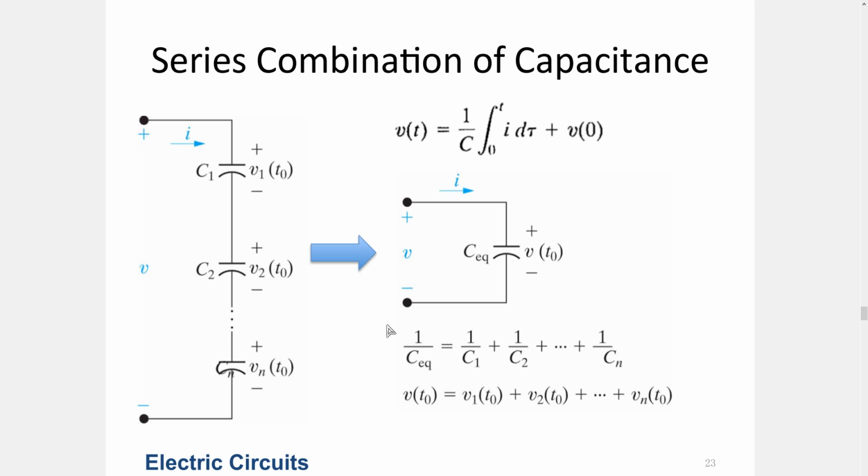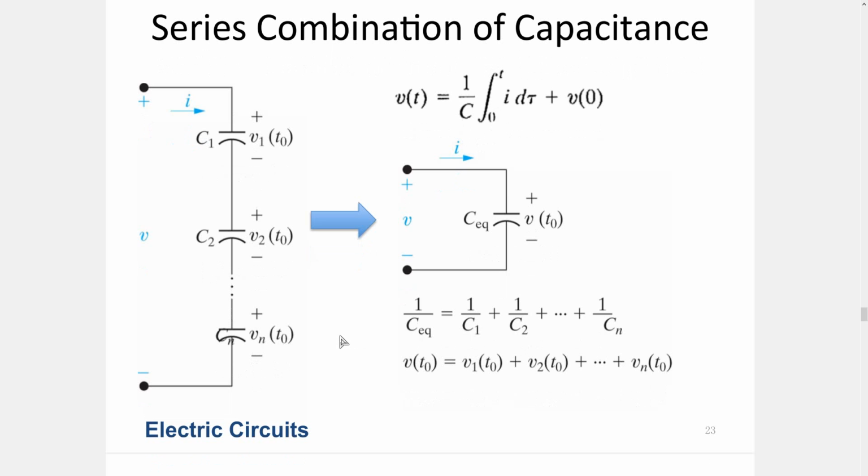So if you know the resistors, you already know how the combinations of the inductances work, and if you take the opposite of it, then you will obtain the relationship to compute the equivalent capacitances. So you can memorize it like this: for the capacitance, things are a bit opposite and different.